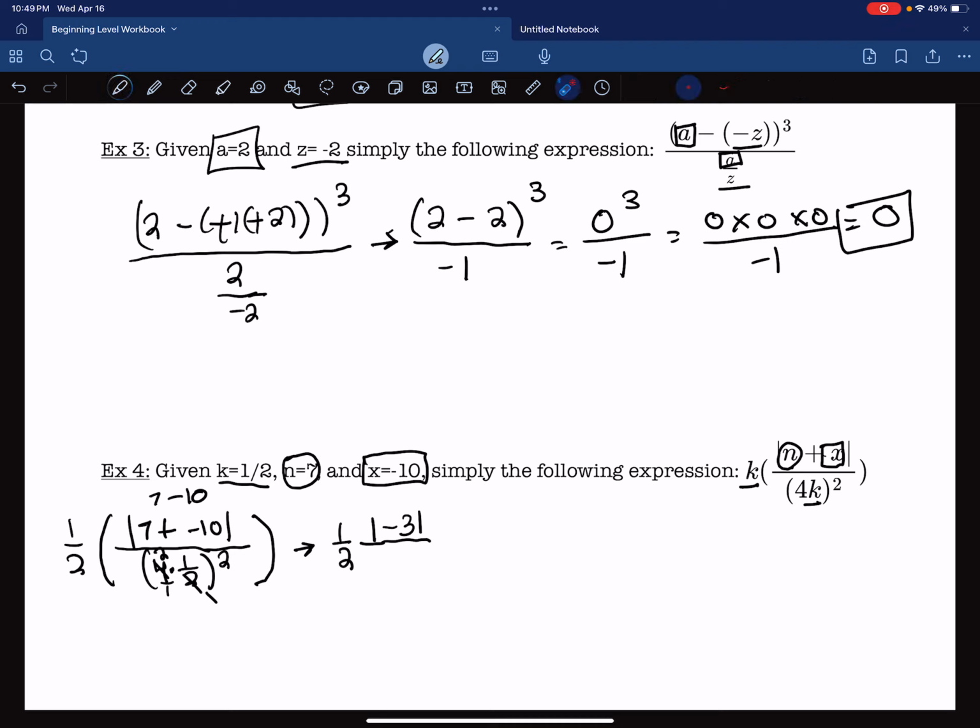So we have 2 times 1 and 1 times 1. Okay. So we know 2 times 1 is 2. And then 1 times 1 is 1. So in other words, we just have 2, because 2 divided by 1 is 2. So we have 2 squared.